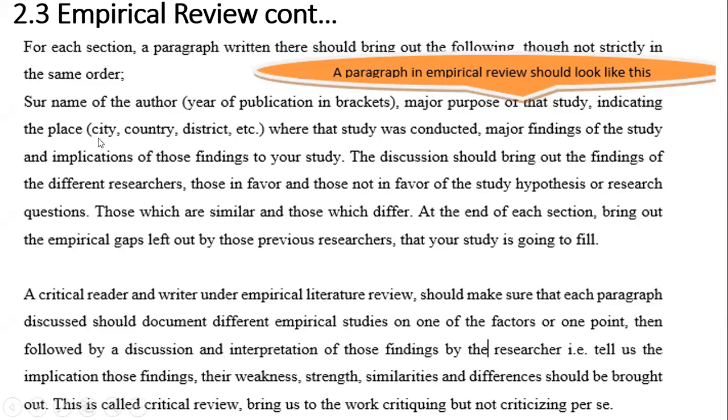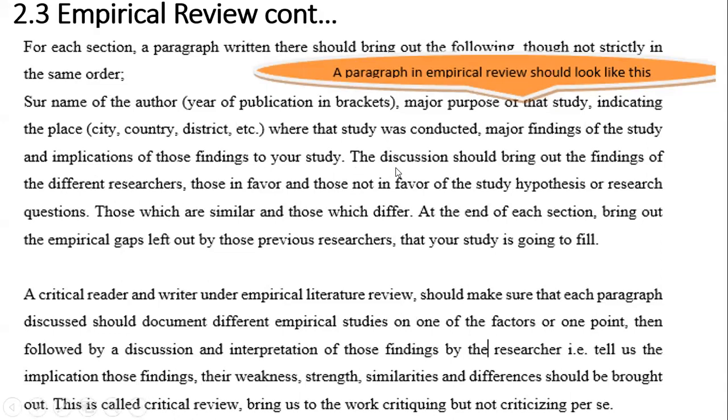Indicate the place where that study was conducted, probably a city, a country, or a district. Indicate the major findings of that study. Indicate the implications. Now, the implications of those study findings are your addition as the researcher. In other words, it is you to derive these implications.